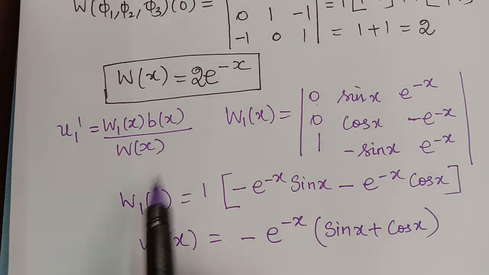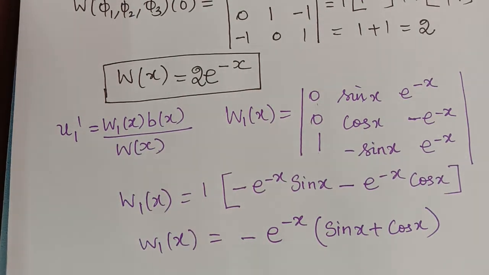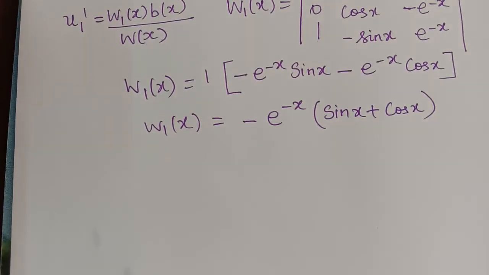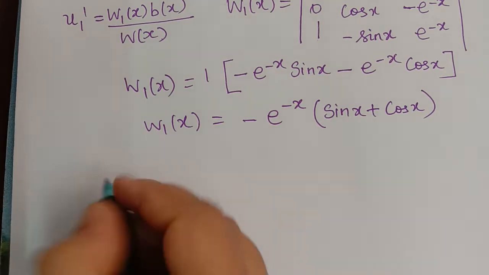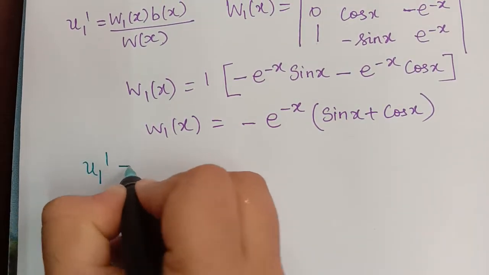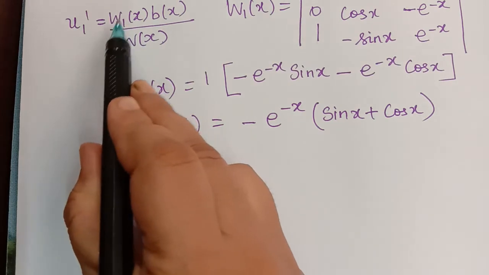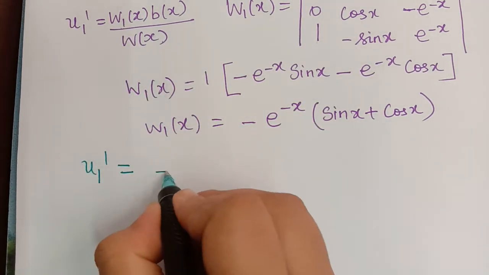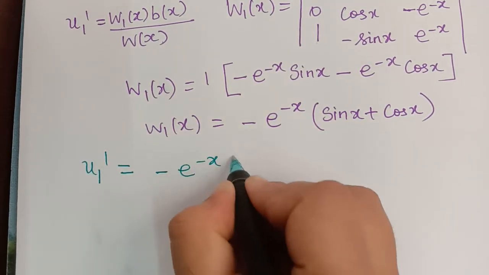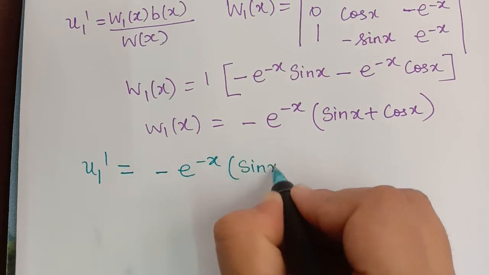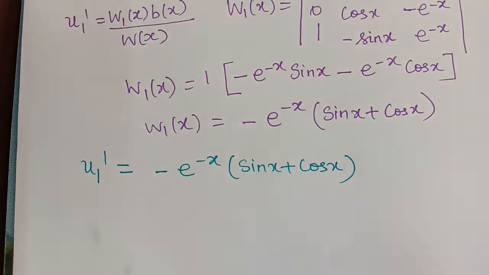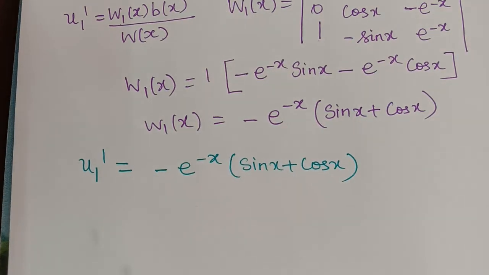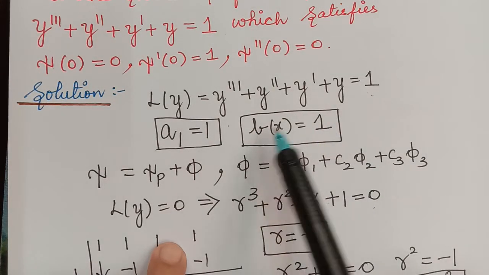Now we have to substitute this w1 of x in this formula to obtain u1 dash. So let us do that now. So u1 dash will be equal to, here we have to substitute w1, which is negative e power negative x multiplied by sin x plus cos x multiplied by b of x. So in the beginning I have told you b of x is equal to 1.